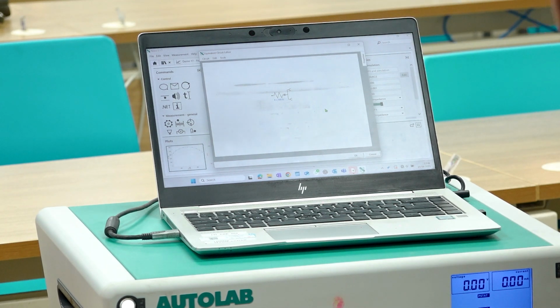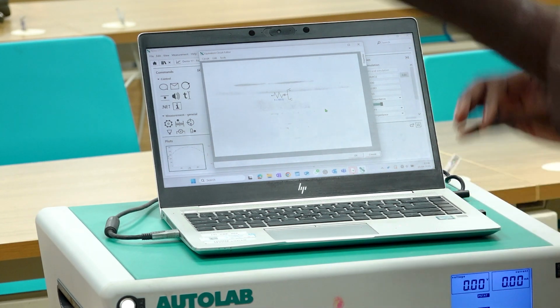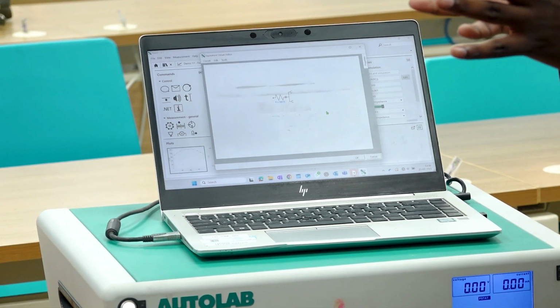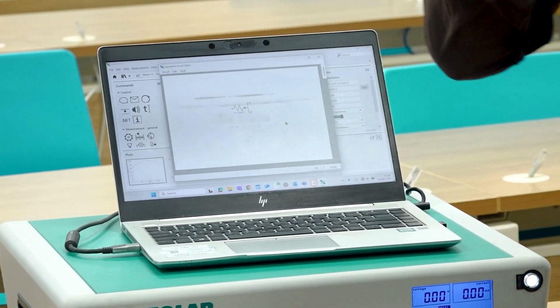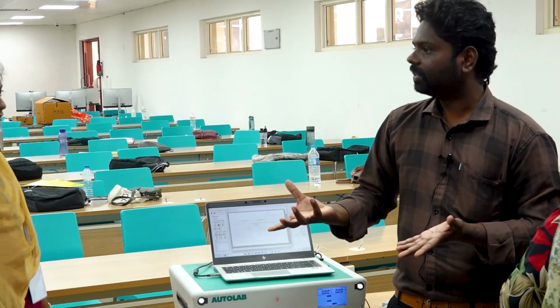So usually what will happen if I apply some input to your material? Initially, at the very beginning, once you give the input, what will happen? Okay, it opposes our input.